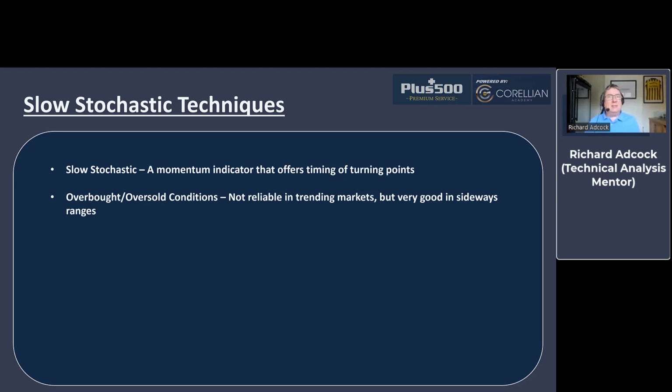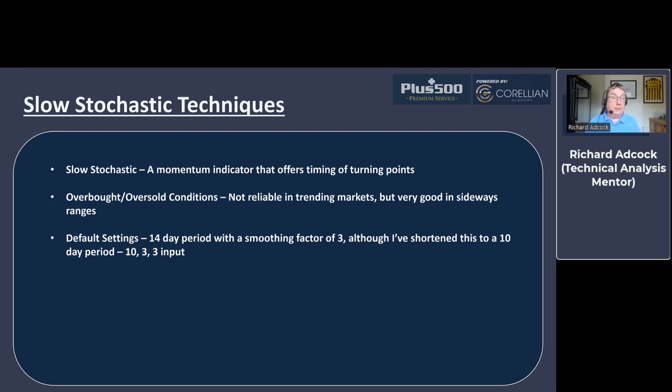Now, a stochastic indicator basically takes the current level within a certain range period. The default setting for that is a 14-day period with a smoothing factor of 3. Although I've actually tweaked that slightly, and I've shortened the period to 10 periods. So basically, it's taking the latest level within the range of the last 10 periods.